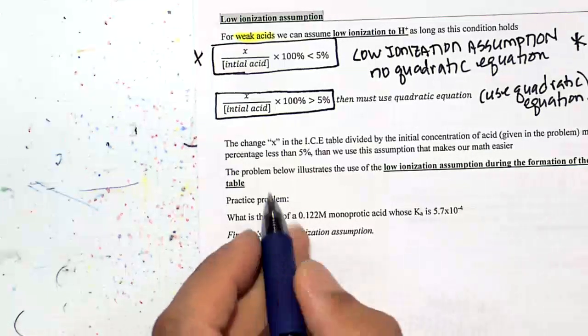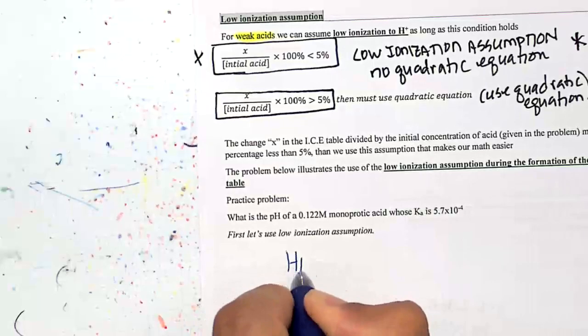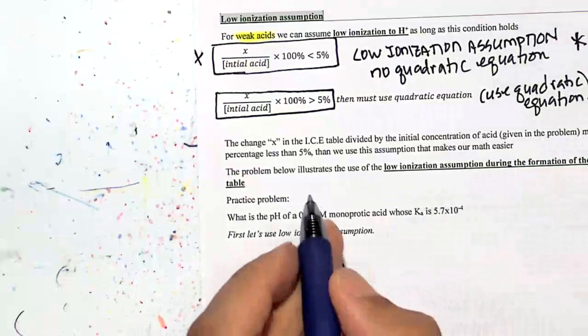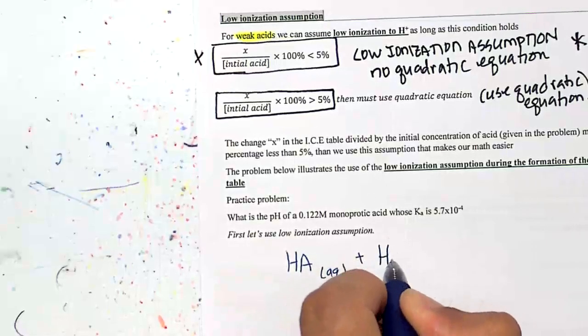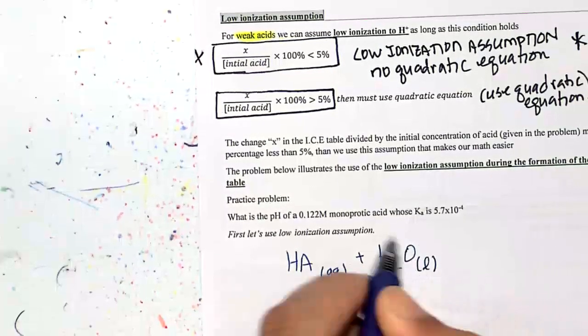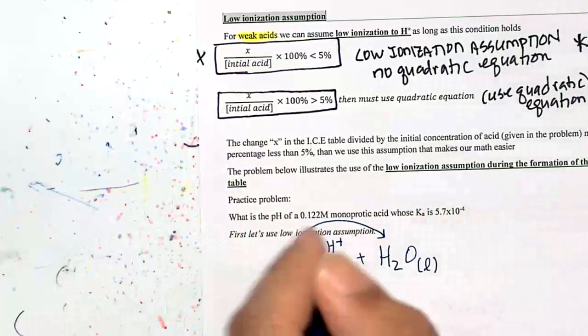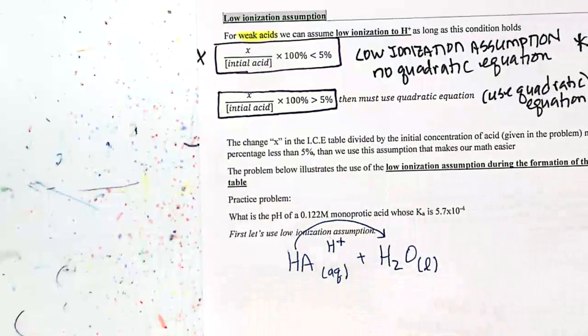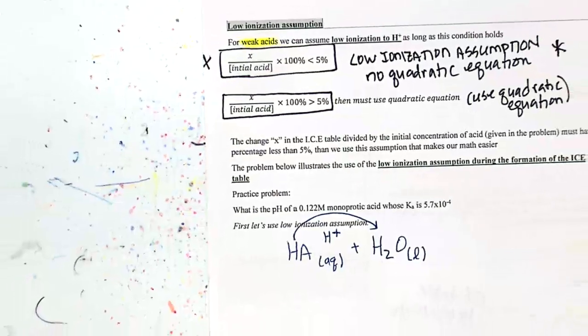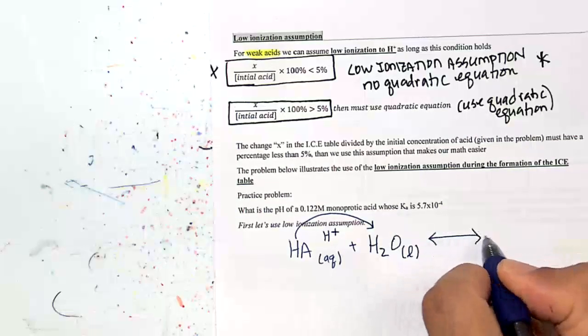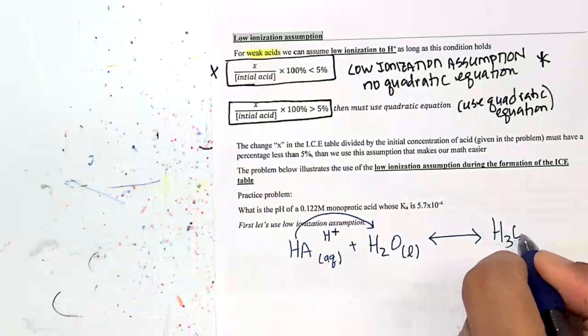Any acid, we're going to write the equation. It goes like this. This is HA for any generic acid. It's going to react with water, and it's going to donate that proton to water in the reaction. Because it's a weak acid, we'll put our double arrows.